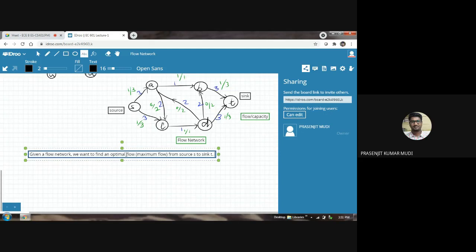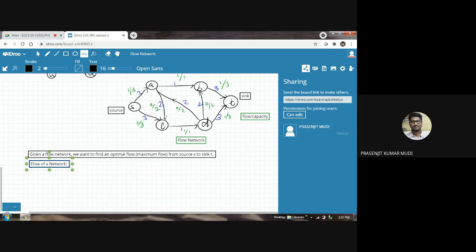Now optimal flow, so let's now try to understand the flow of a network. So we have now understood flow corresponding to each edge, and now we will understand flow of an overall graph, overall network.